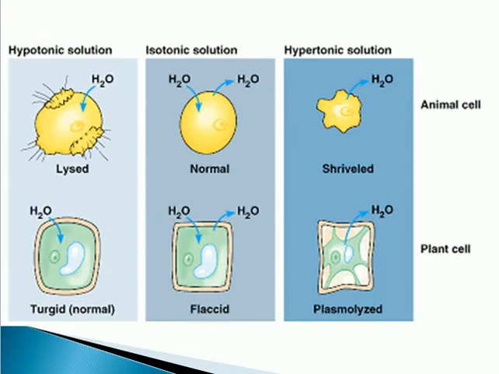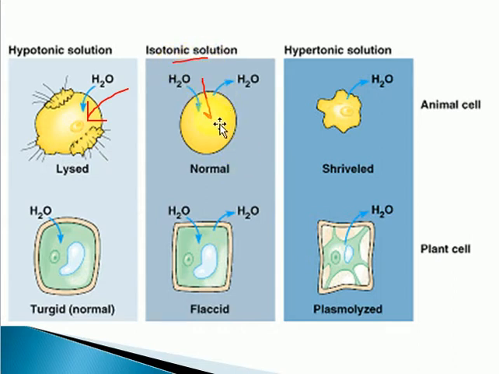Here you can see with the help of this particular diagram, this is a cell, this is the animal cell. When the concentration of water is more towards the outside, its movement would take place towards the inner side and the cell would swell up and it may burst also. Here it is an isotonic solution.